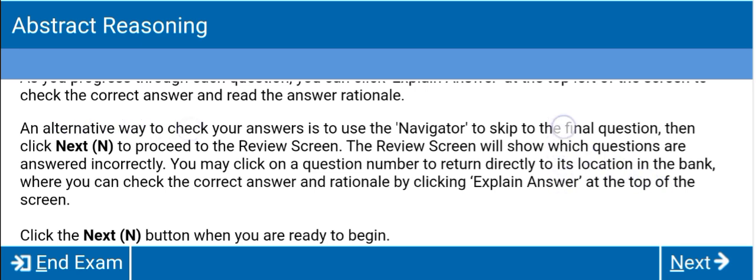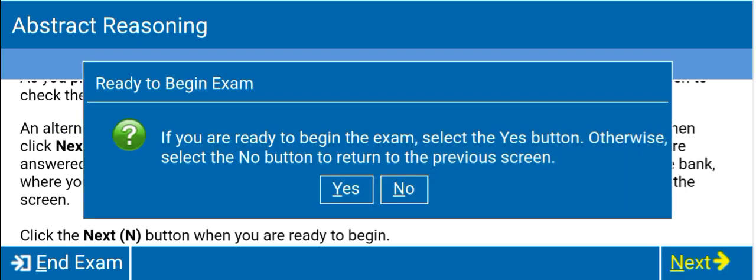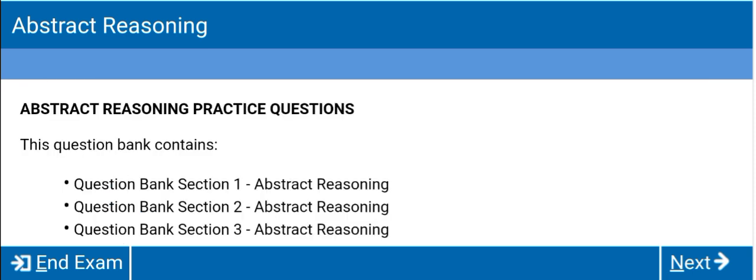As we are ready to begin, we will click next, and now this will pop up whenever you click next. They are asking if you are ready to begin the exam, so select the yes button. Otherwise, select the no button to return to the previous screen. As we are ready, we will select yes, and then it will take us to the next page.